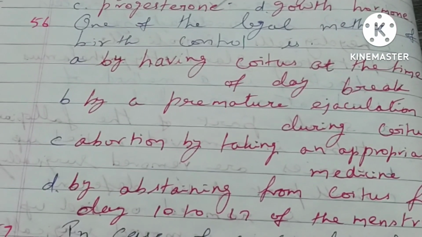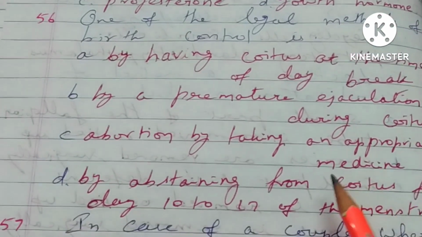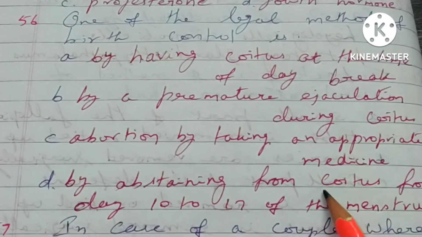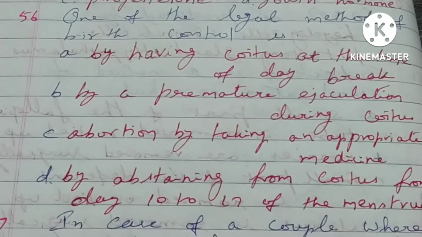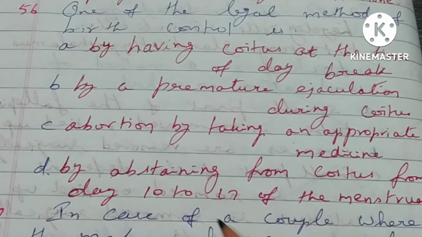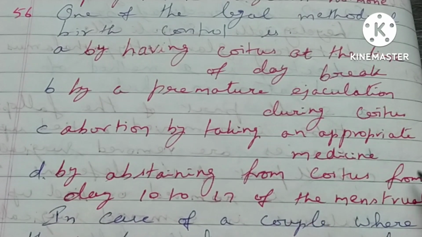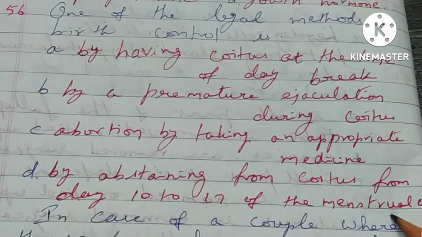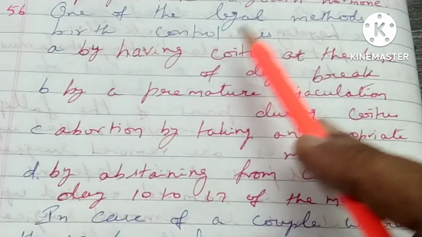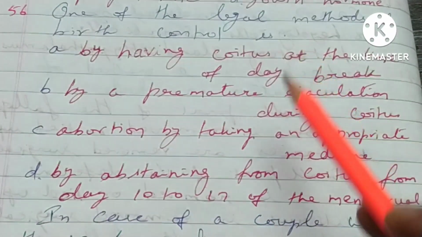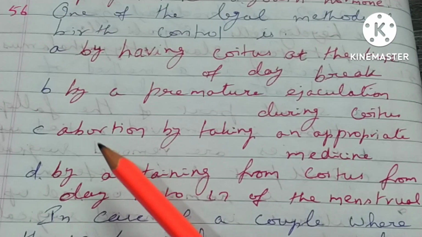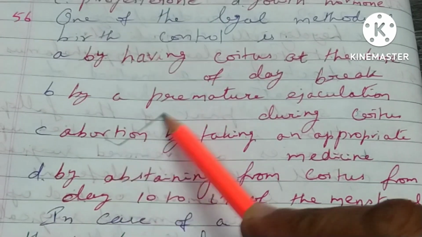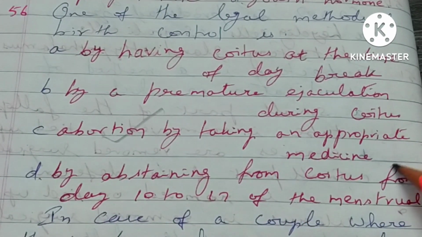Option D, by abstaining from coitus from day 10 to 17 of the menstrual period. One of the legal methods of birth control is option C, abortion by taking an appropriate medicine.